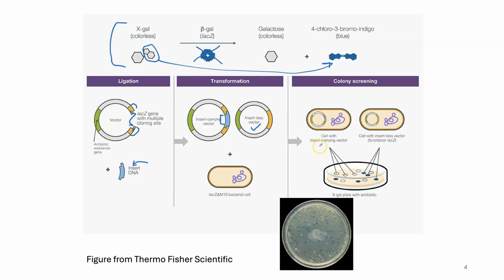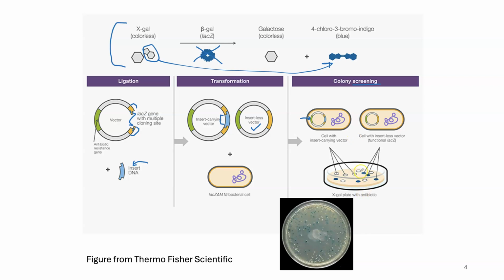And so this is called screening. Selection is what we do with the fact that there's an antibiotic resistance gene. That's what the green is on this picture here. So we plate these on antibiotic, and we've done selection because only the ones that have the plasmid in them are going to grow, right? So we killed off all the ones that we didn't want to check out.